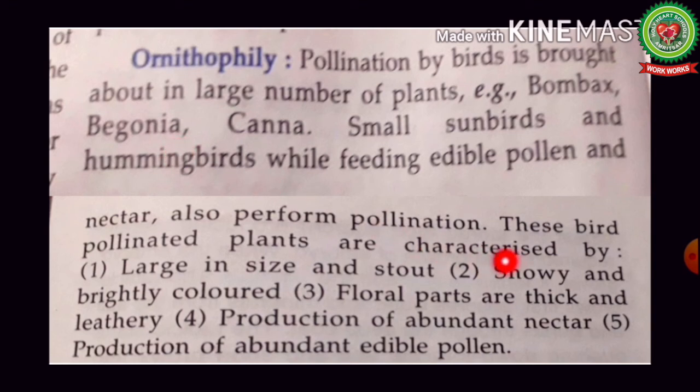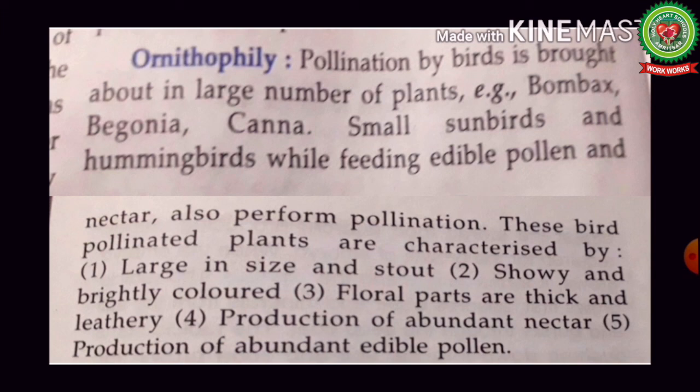Now, what are the characteristics of bird pollinated plants? First is the flowers are present in groups. Second is they are showy and brightly colored or produce abundant nectar for the attraction of birds.